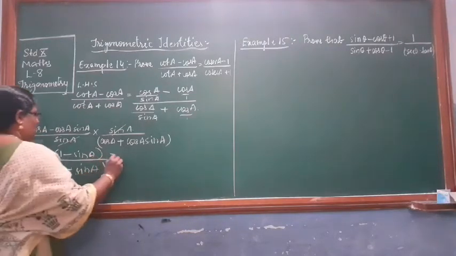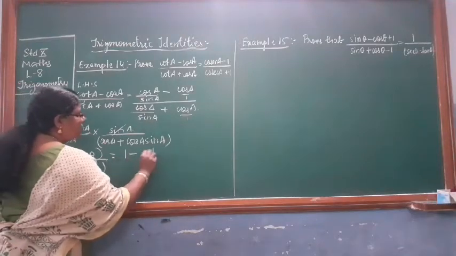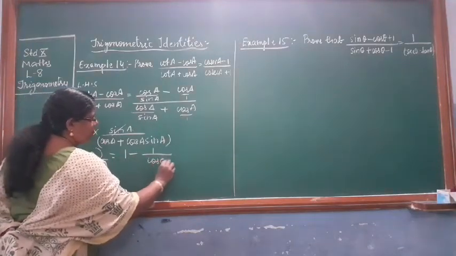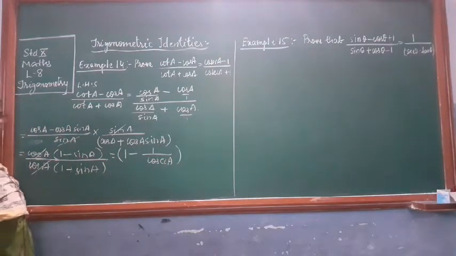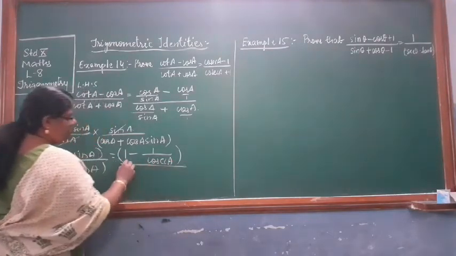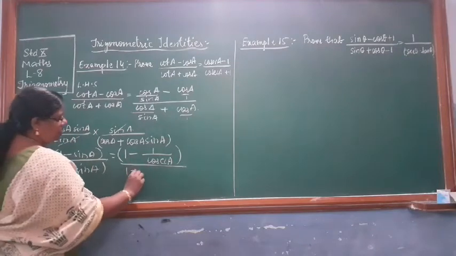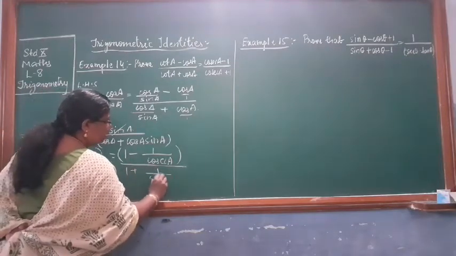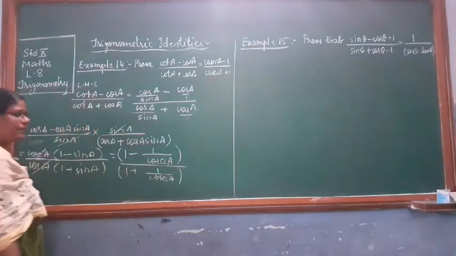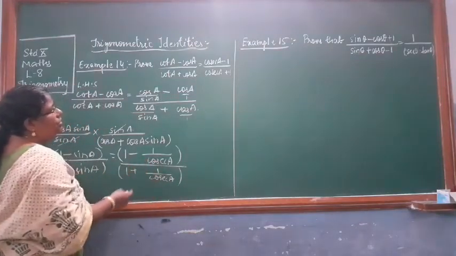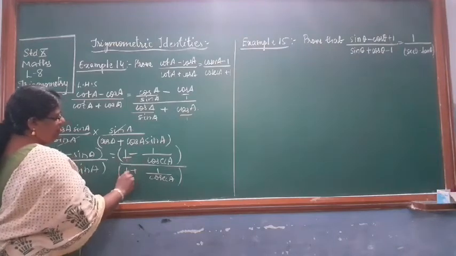Now sin A I can write as 1 by cosec A, because cosec A is the inverse of sin. So 1 minus 1 by cosec A I can write, and here also I can write 1 by cosec A. So this will become what? Cosec A, below there is 1 here and 1 here.